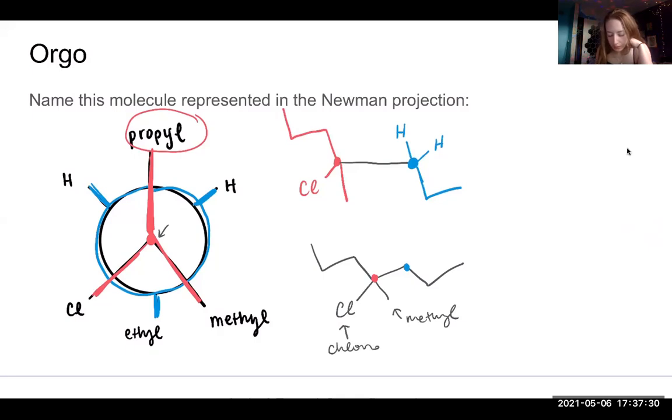When we put this all together, our base chain will be 1, 2, 3, 4, 5, 6, 7. So 1 to 7, and this will be 2, 3, 4. Okay, and we're going to alphabetize those. So we'll see 4-chloro, 4-methyl, and this is heptane.